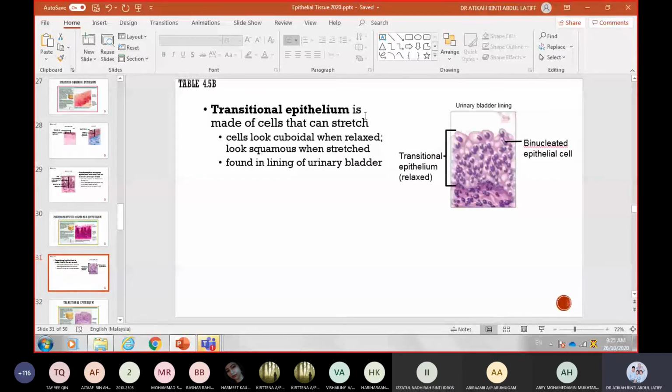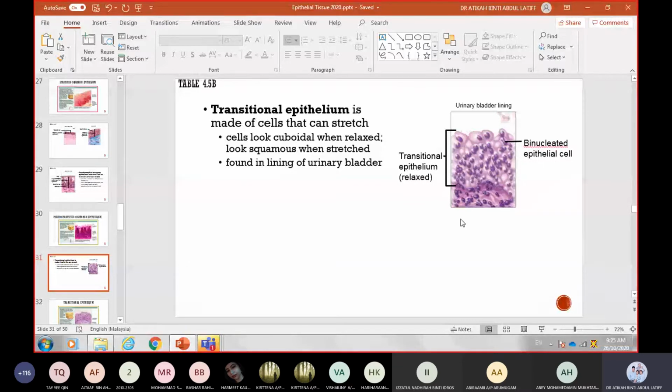This is called transitional epithelium. Okay, you can see it is different from the other epithelial layers. Transitional epithelium, they are called transitional because when the organ is relaxed, it becomes many layers.